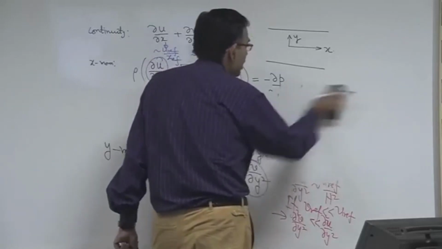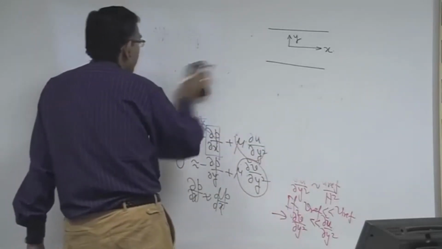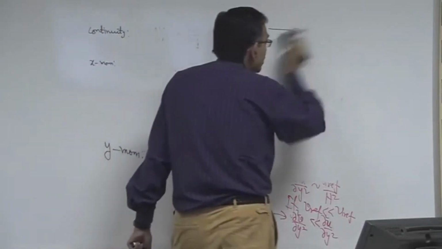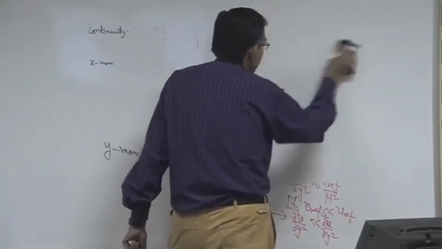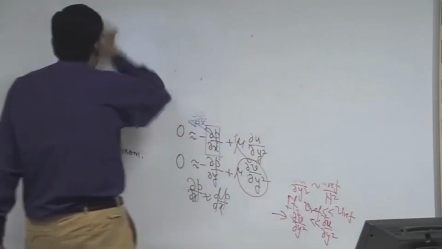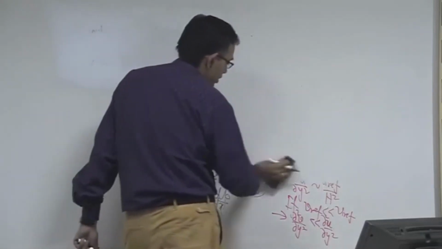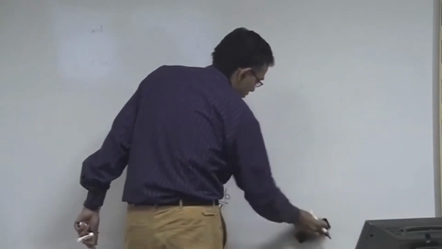So let us write the equation. We will divide the board into two parts. In one part we will write the low Reynolds number equation, on another side we will write the fully developed flow equation, and that will help us to compare.